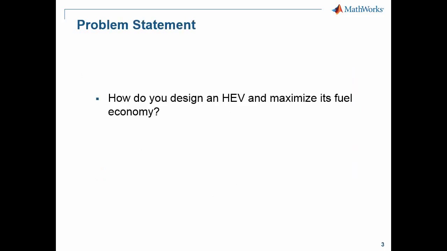Thank you, Ryan. Let's start today's presentation with a general problem statement. How do you design a hybrid electric vehicle and maximize its fuel economy? It is a very difficult problem with many considerations. There are architecture and hardware selections. For example, serial versus parallel versus power split architectures, or the sizing of an electric machine or battery pack.